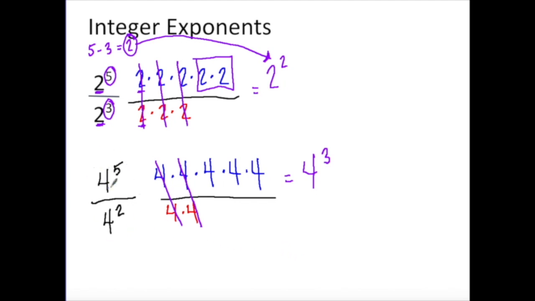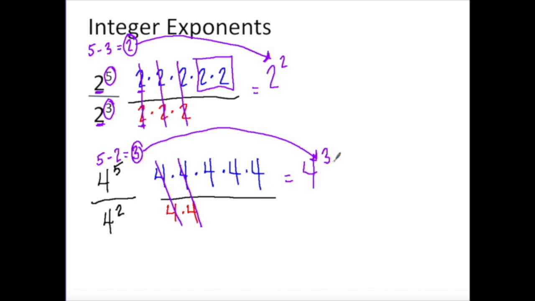Well, looking back at my shortcut that I looked at up here, I can see that 5 minus 2 is 3. And so the 3 is my exponent. Remember that the base always needs to stay the same.